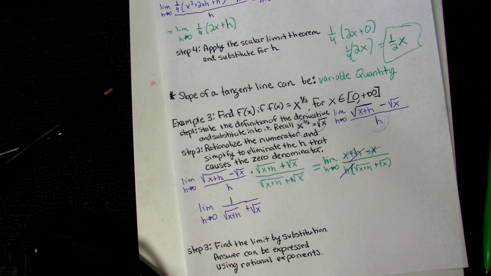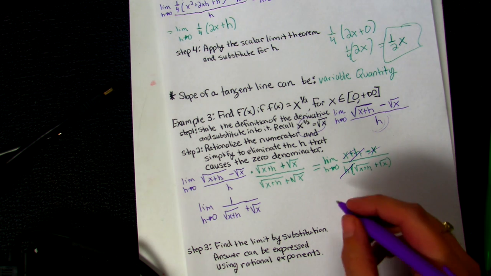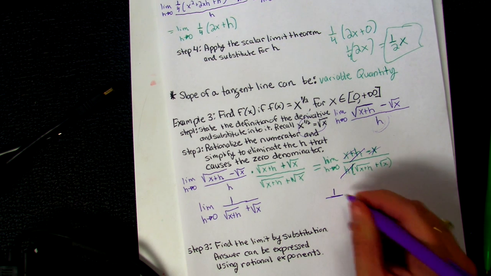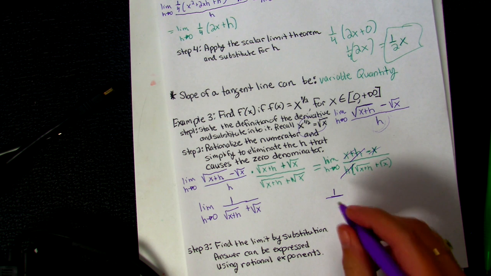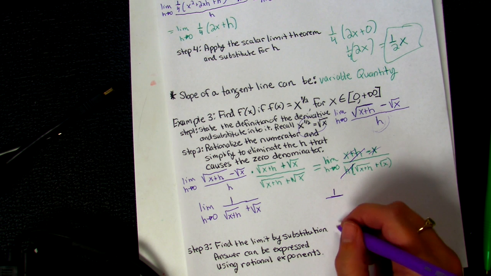So now, if I find my limit by substitution and I plug in 0 for h, I will have 1 over the square root of x plus the square root of x, which is 2 square roots of x.